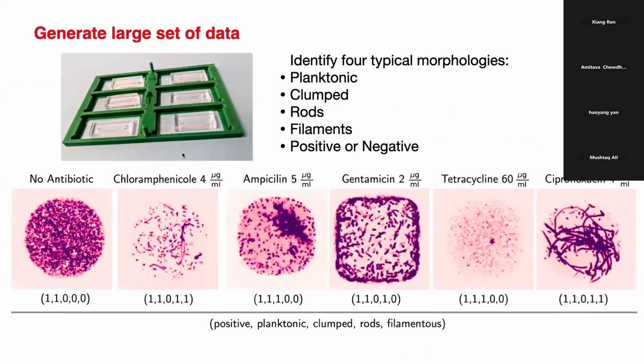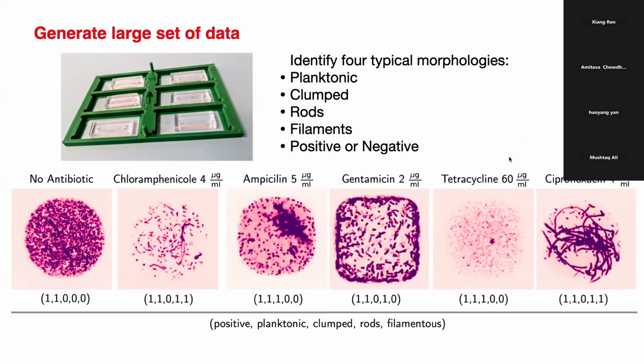And then by looking at the data individually, we could by hand detect that there were maybe 5 big categories of morphologies. One of them is to ask, is the droplet positive or negative? Because for large enough antibiotic concentrations, the cells just don't grow, and so the droplet is negative.